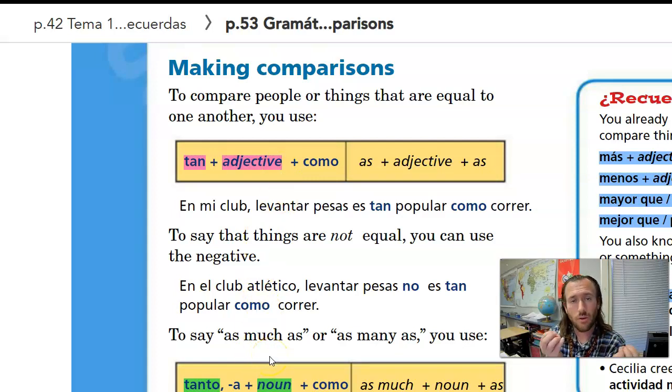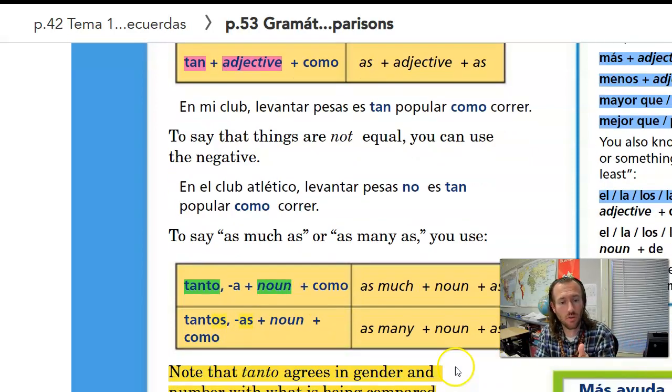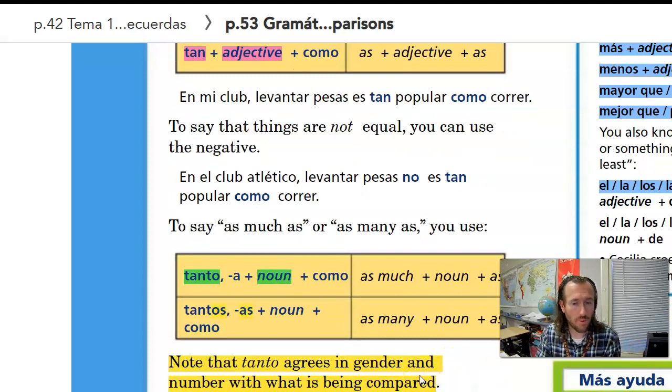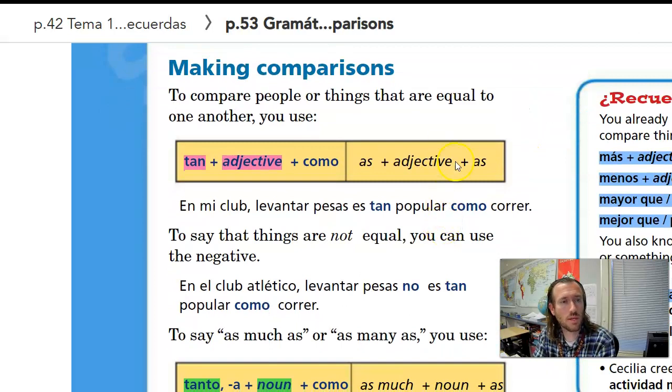If you're going to talk about how two things have as many as or as much of something as one another, you would use tanto or one of the different forms of tanto: tanto, tanta, tantos, tantas. The form of tanto is dictated by the gender, masculine or feminine, and the number, singular or plural, of the noun that you're using to make the comparison. So this is all in your notes from last week.